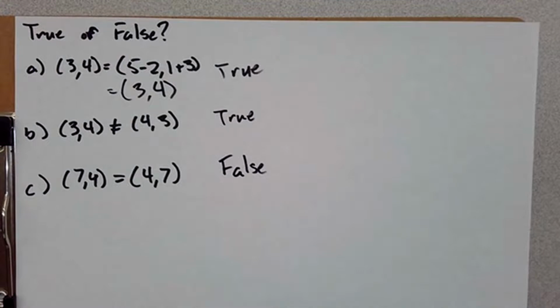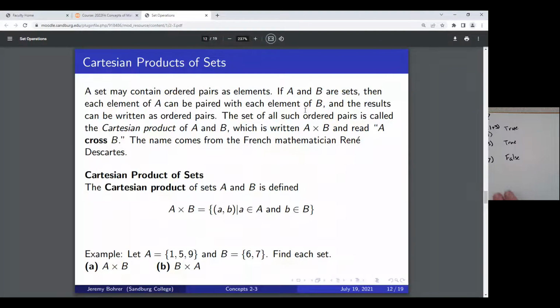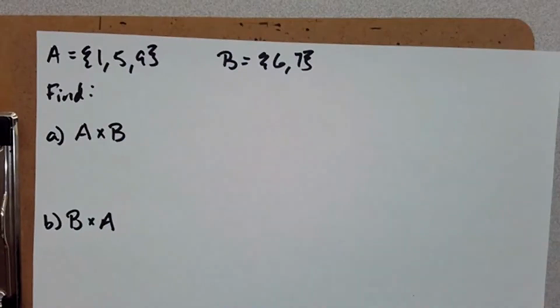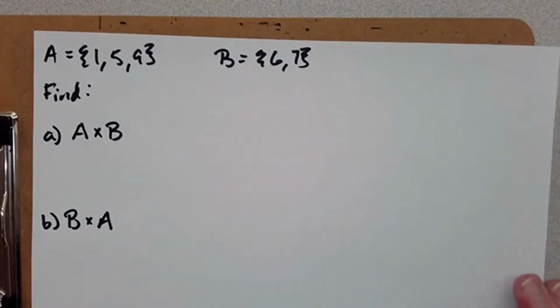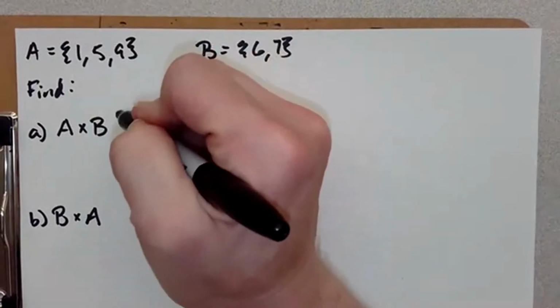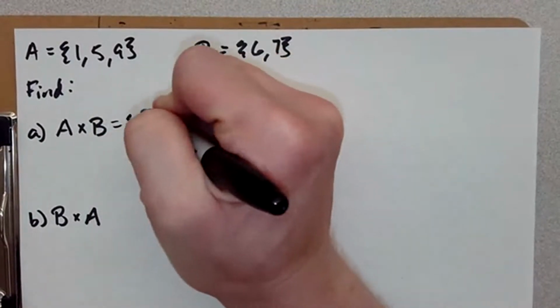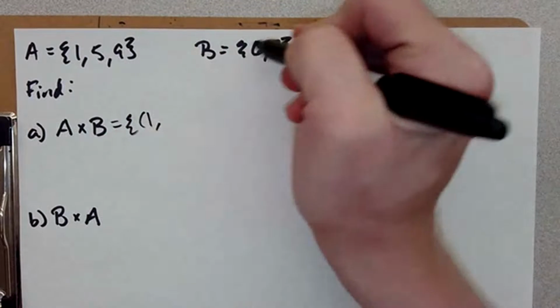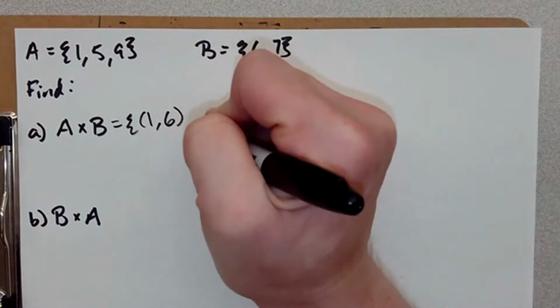Next up, here we're asked to find the Cartesian products of {1, 5, 9} and {6, 7}. We're going to take first A cross B and then B cross A. Okay, well, A cross B just means we take the first element of A, 1, and take the first element of B, 6.